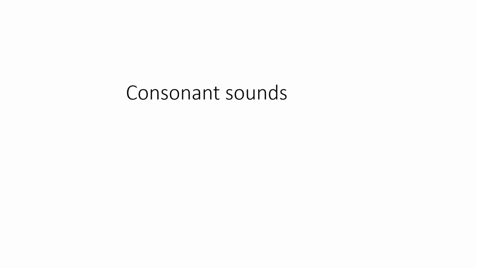There are voiced consonant sounds and voiceless consonant sounds. The voiced consonant sounds are made by vibrating the vocal cords while releasing air through the mouth or the nose. But the voiceless consonant sounds are made only by releasing air through the mouth. The vocal cords do not vibrate.